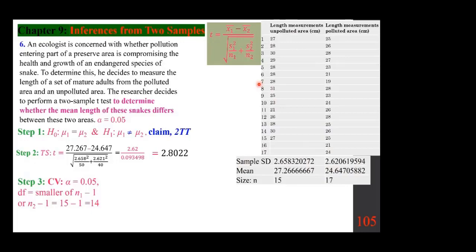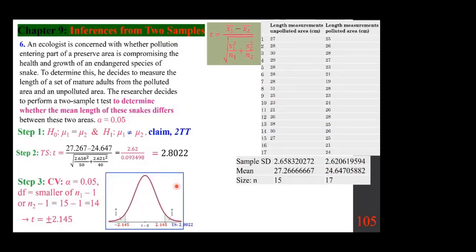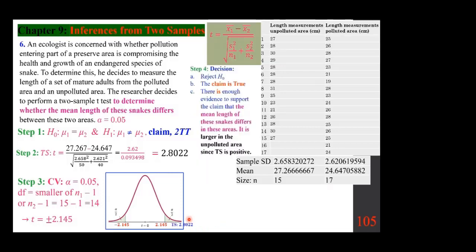If we were to do it by the smaller of the two, n sub 1 minus 1 is 15 minus 1, or 14. And this t will give us plus minus 2.145. Let's do the drawing. So we have negative and positive, and this number 2.8022 is even larger than the positive value. It's way into the rejection region. Therefore, you're going to reject H0.